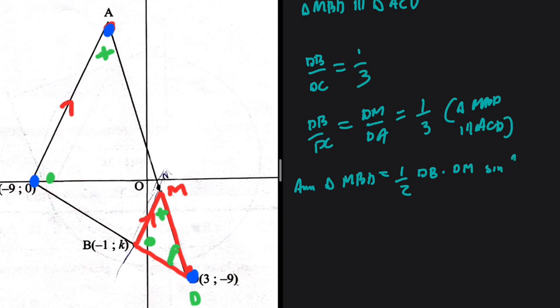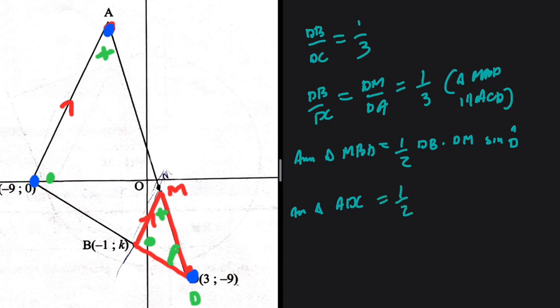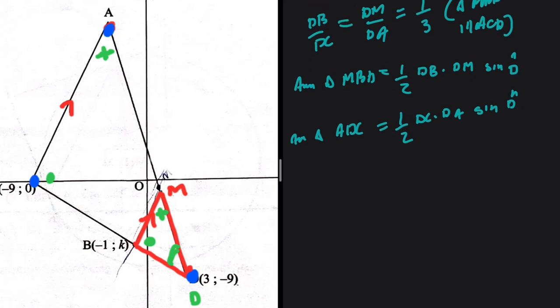Because angle D is the angle that those two sides sandwich. And then as far as the area of triangle ADC is concerned, we can say half, and then we use DC and DA, and then we take sine of the same angle, because it is the same angle that is sandwiched by those two sides.